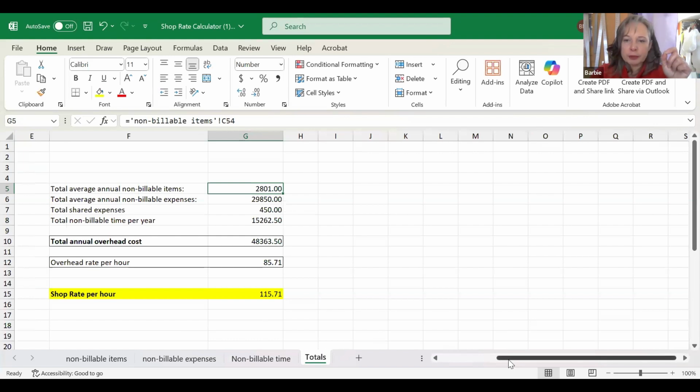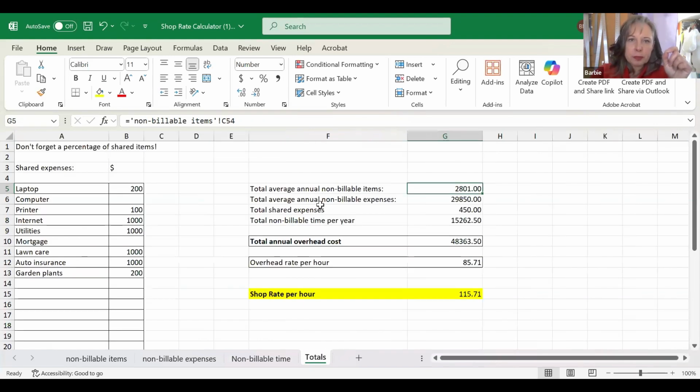Now on the total page, okay, don't forget a percentage of shared items. And most of these items are also tax deductible.